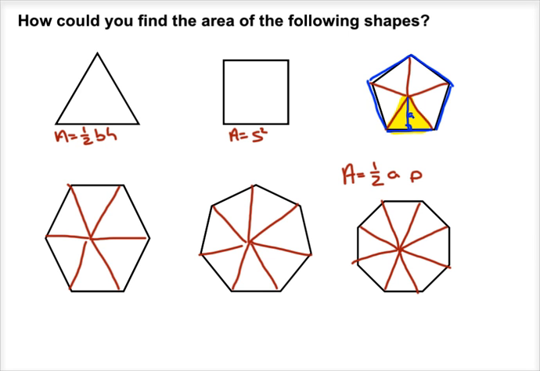So instead of just using the base, in the formula we're going to use the perimeter, which gets me all of the bases for all the different triangles. And the apothem is really just the height of one of these triangles. So our formula is really just 1/2 base times height, but we're using apothem, which is telling me that it's the height inside of this regular polygon. And we're using perimeter because the perimeter gets us all of the triangles at one time instead of just one.